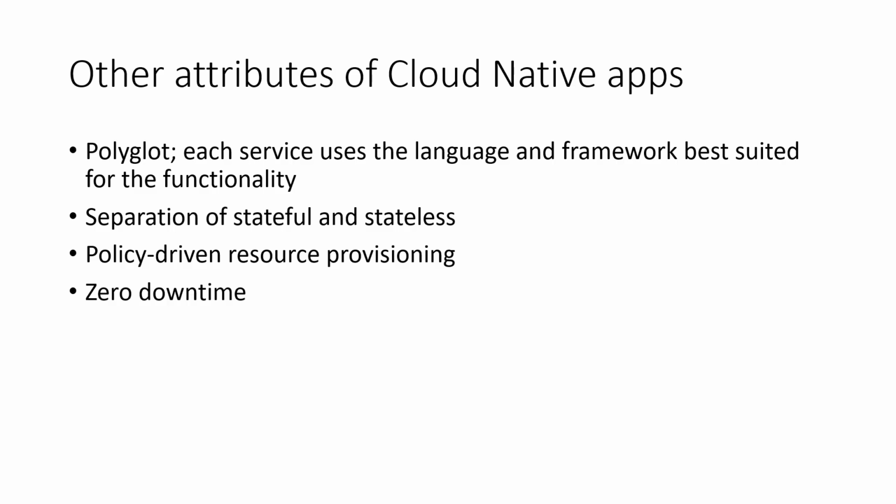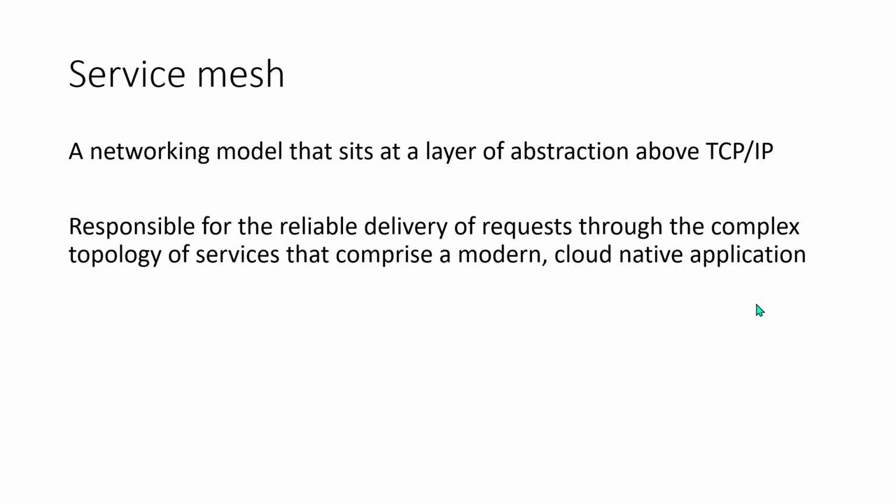solution using microservices. Now, the next concept we are going to understand is service mesh and what the use of service mesh is. A networking model that sits in a layer of abstraction above the TCP/IP layer, responsible for reliable delivery of requests throughout the complex topologies of services that comprise a modern cloud native application.